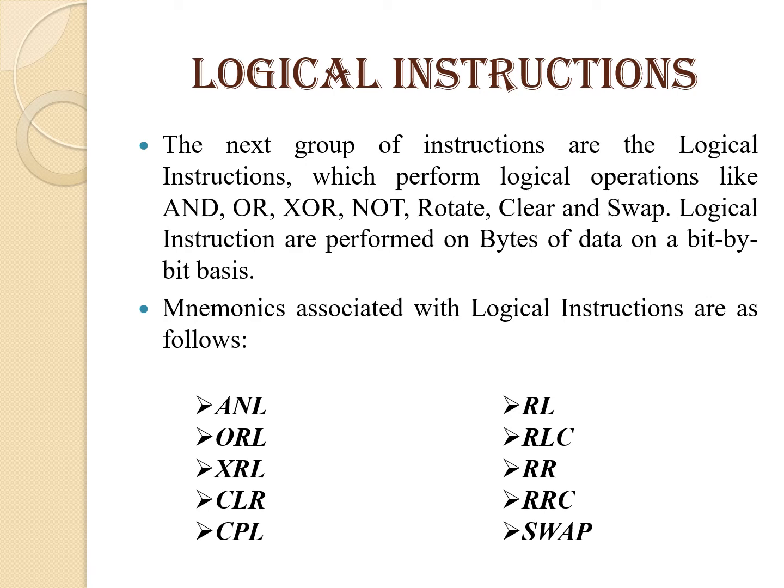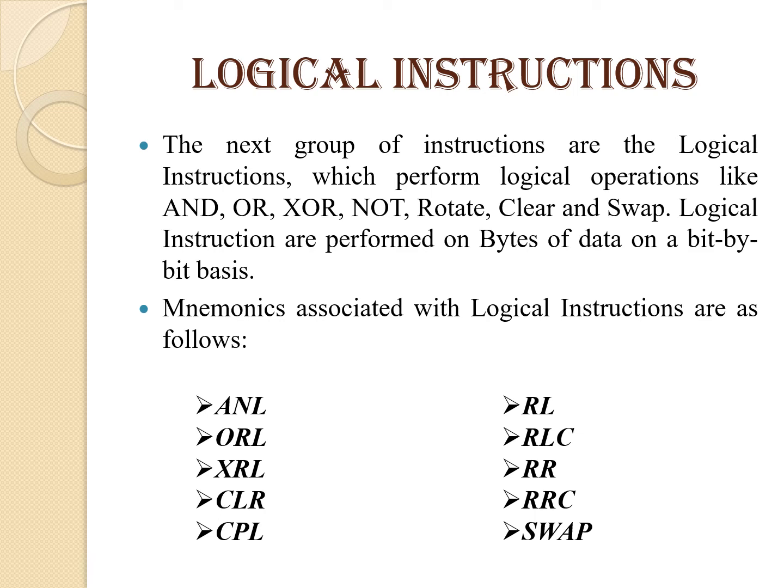Next are the logical instructions. These are the instructions performed like AND, OR, XOR, NOT, rotate, clear, swap. Logical instructions are performed on bytes of data on a bit by bit basis.